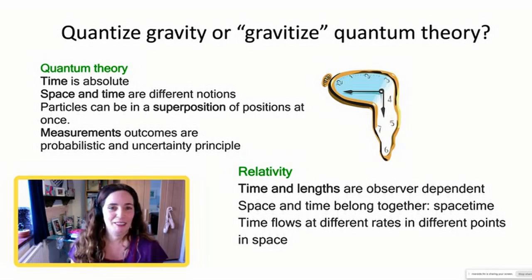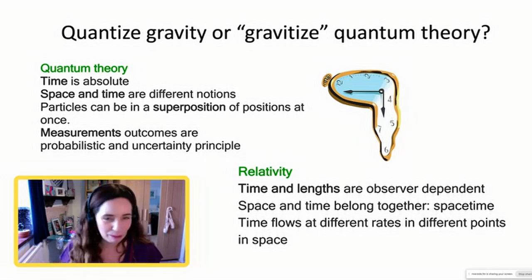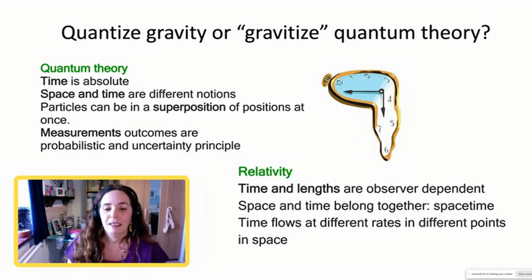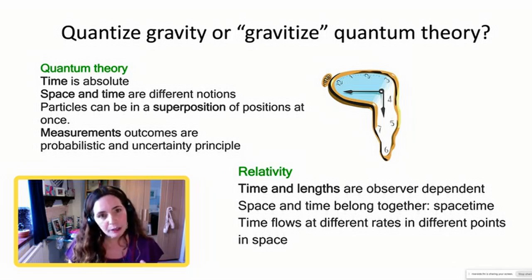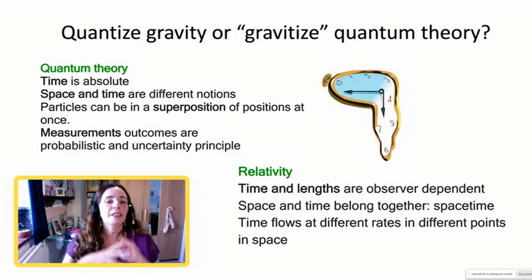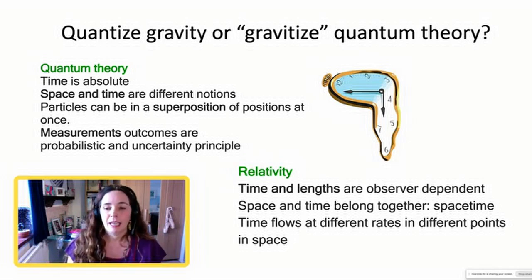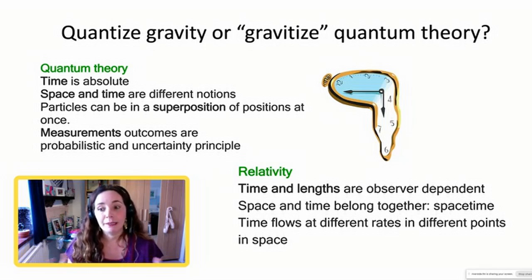If you tell anyone space and time are a bit of the same thing, people would be shocked. But that's what Einstein showed us, that they actually belong together in a higher dimensional object, which is space-time. And they're both dependent on the state of the observer.